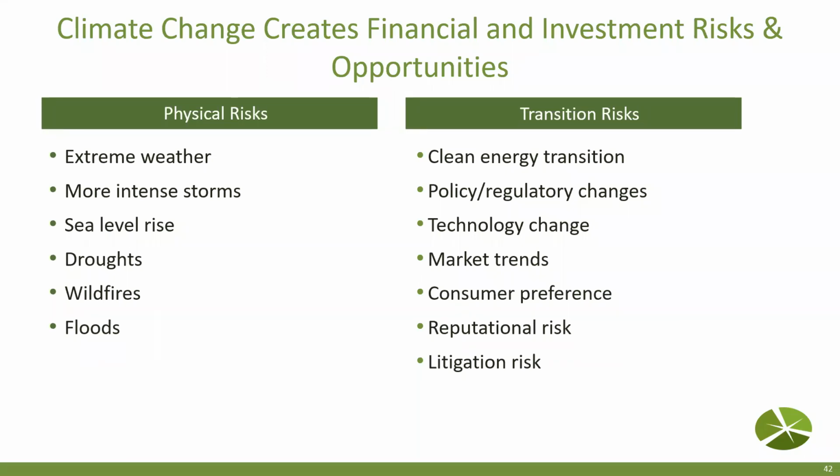Wildfires, Australia has been on fire, California has been on fire, and then floods, particularly in the upper Midwest and other places around the world. And this is with 1 degree Celsius of average global temperature rise, and we'll be awfully lucky to keep the average global temperature rise to 2 degrees Celsius.